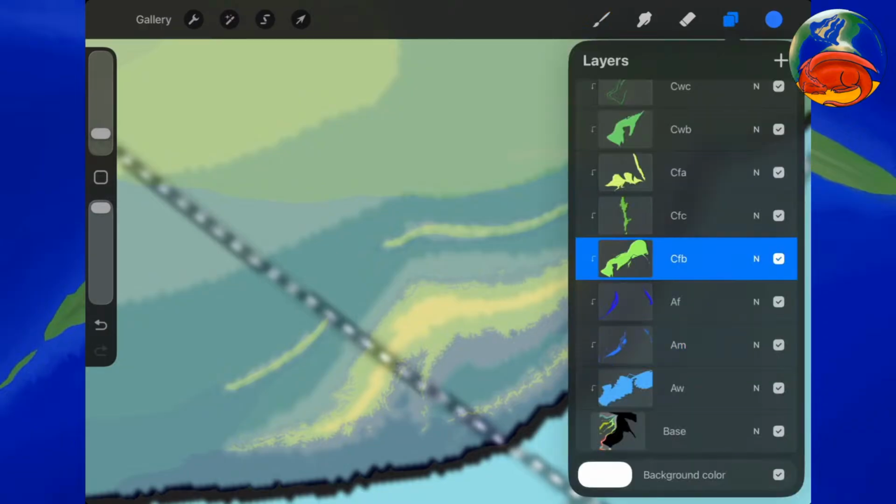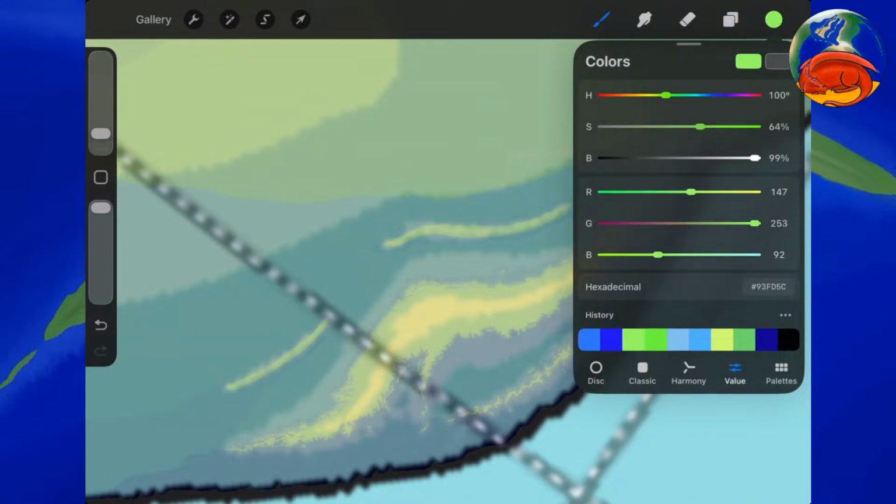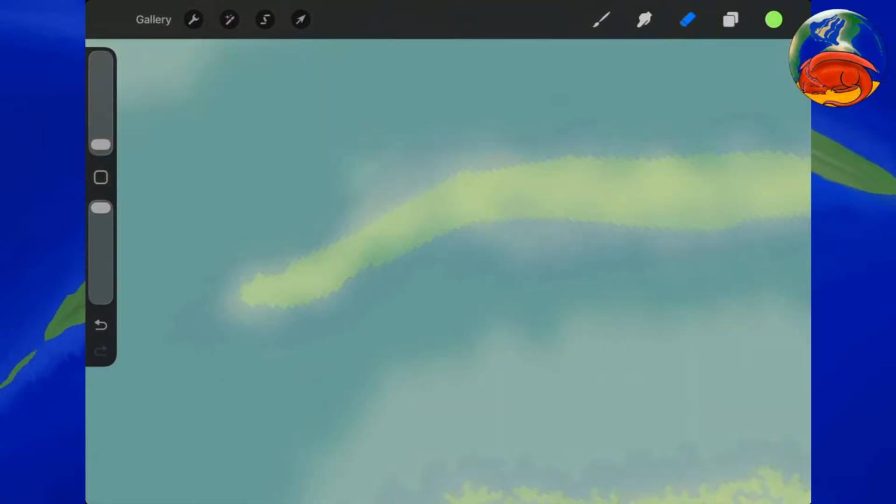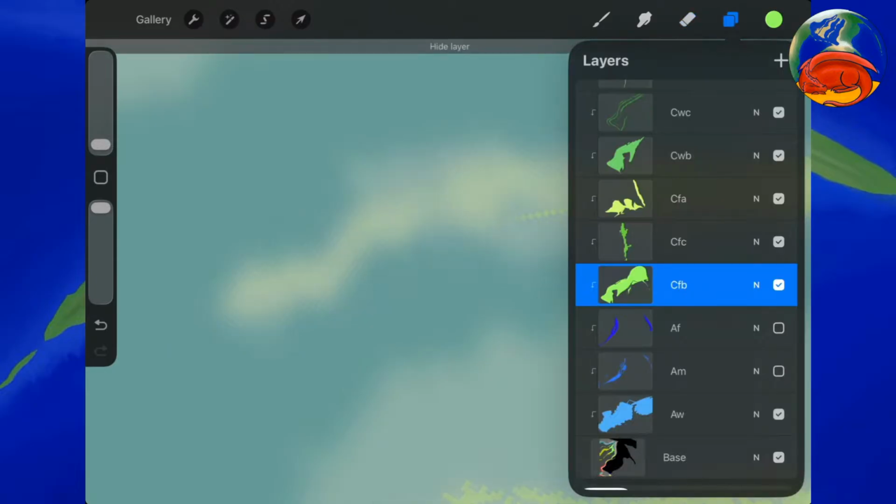All right, and then we're gonna move to CFB. Grab the right color for that. Yeah, let's take off these A layers here.